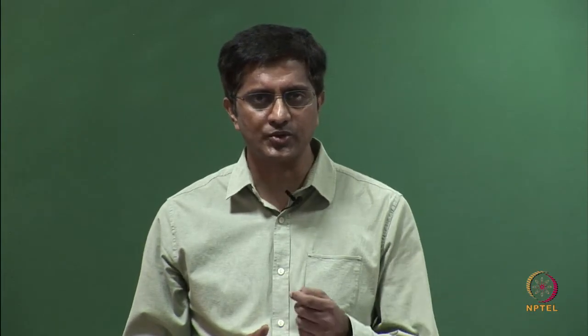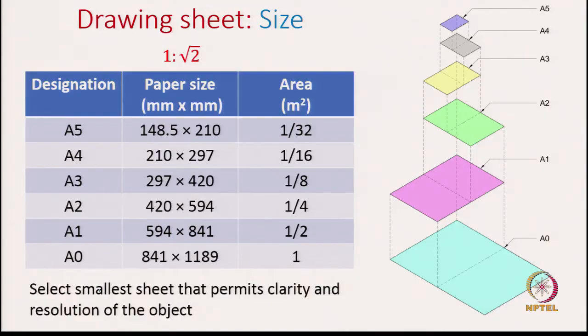You might be having a question: if we have too many options to pick from, which drawing sheet should you choose? A guideline is you should pick the smallest sheet that permits clarity and resolution. The keywords here are clarity and resolution. The point is not to minimize the area, but to focus on clarity.